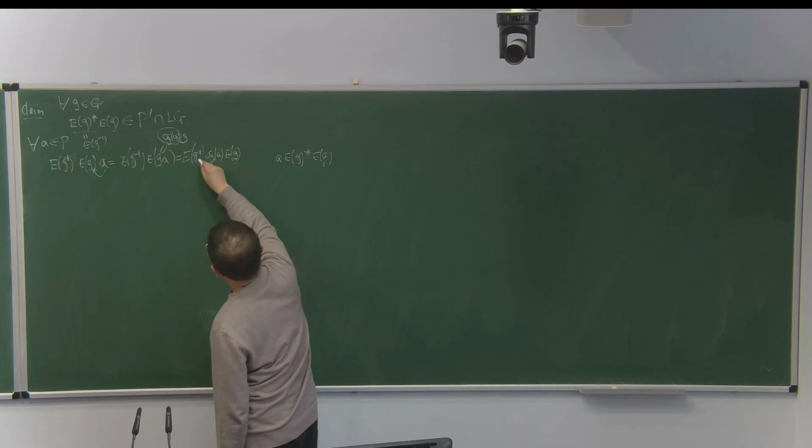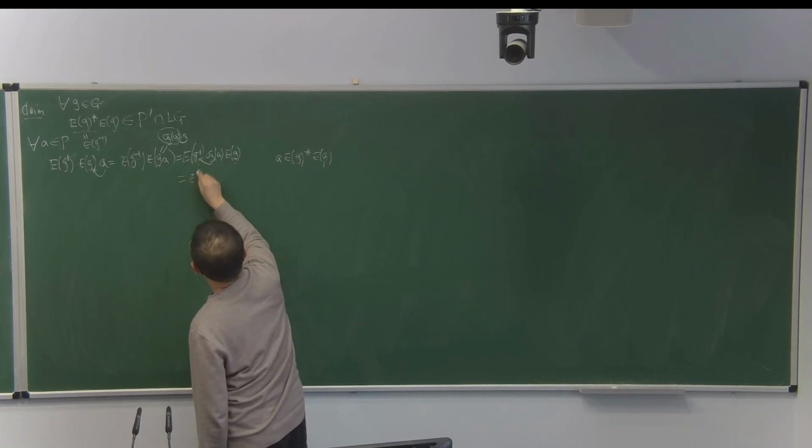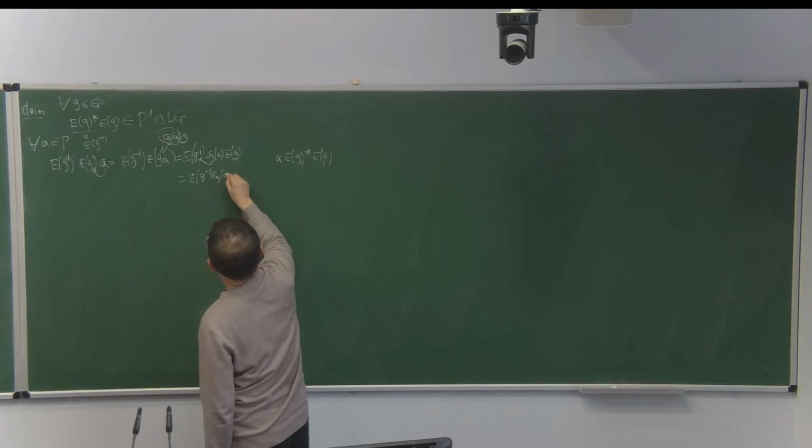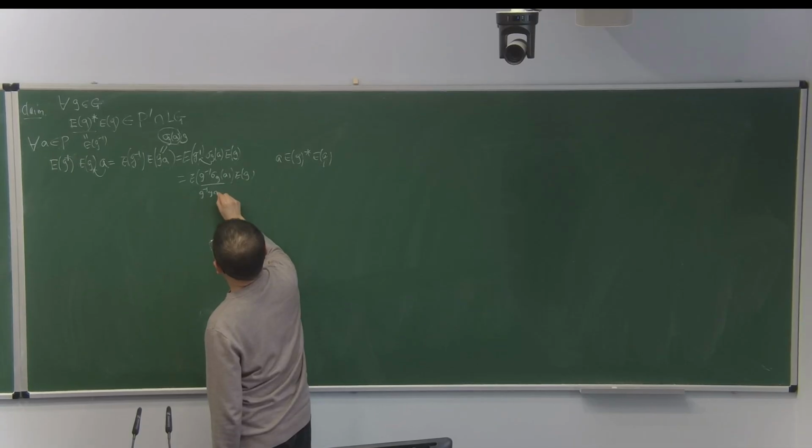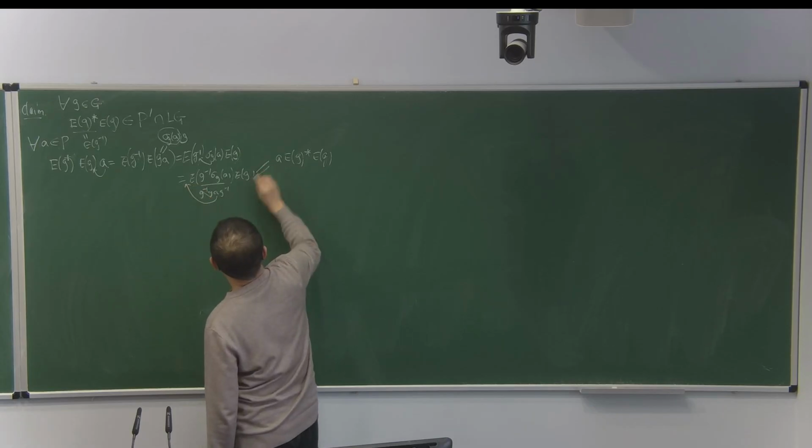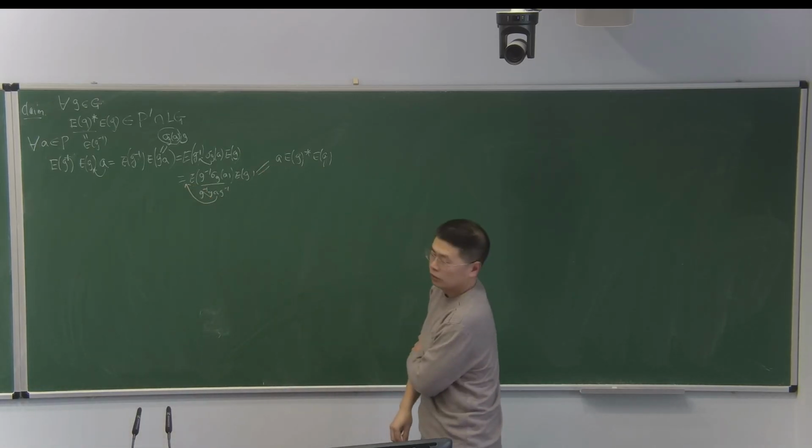Once again, you put it inside. Now this is G inverse, G A, G inverse; they cancel out, A, you move outside, you get what you want.